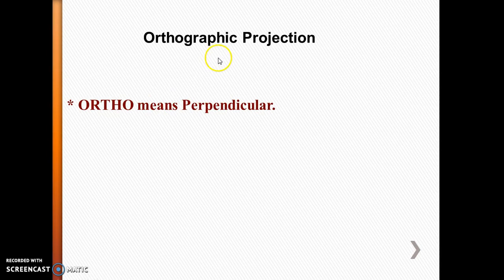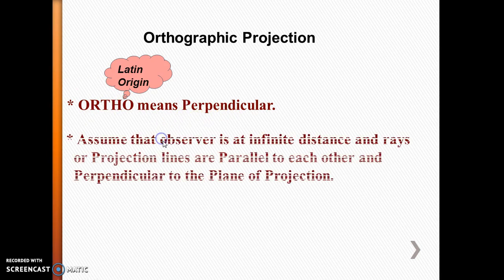Then the next type is orthographic projection. What is meant by orthographic projection? In the term orthography, the first part is ortho. Ortho is a word of Latin origin which means perpendicular.